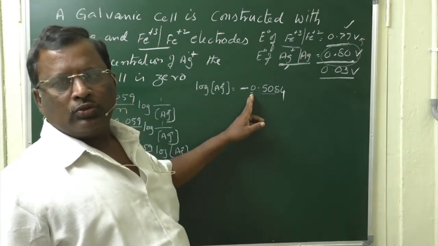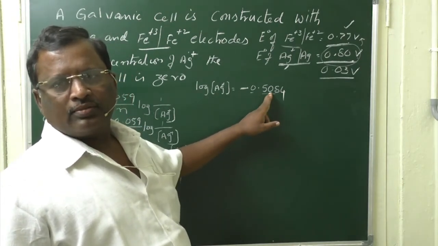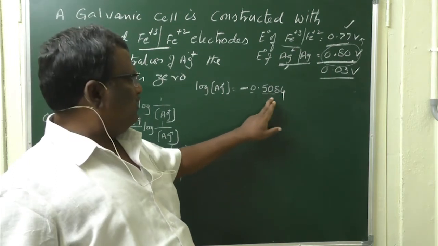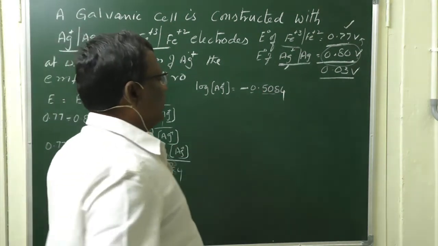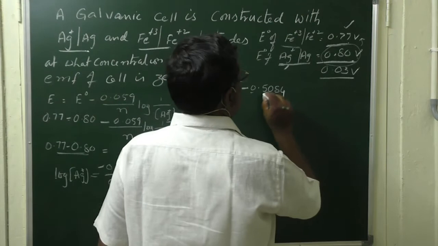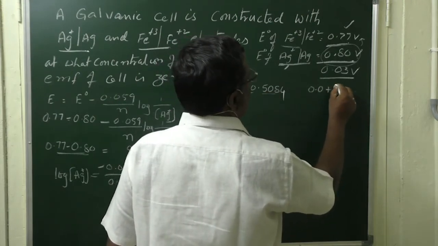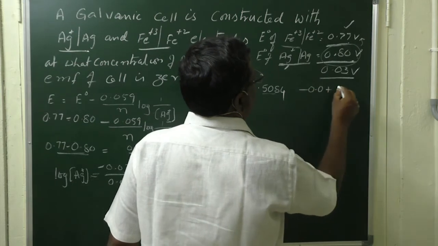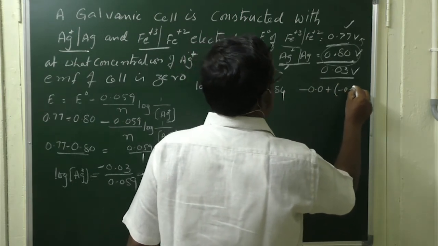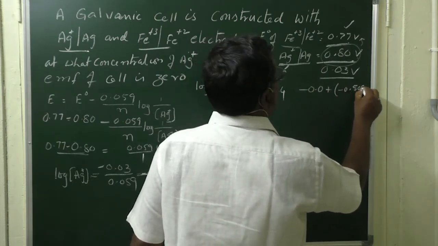Characteristic may be positive or negative, but mantissa is always positive. So to convert it, we have to do it like this. This can be written as 0.0 plus of minus 0.5084.